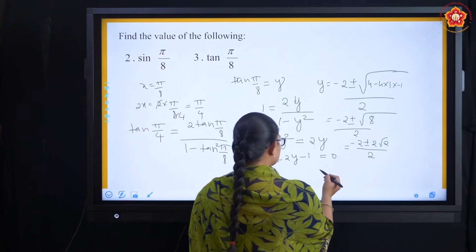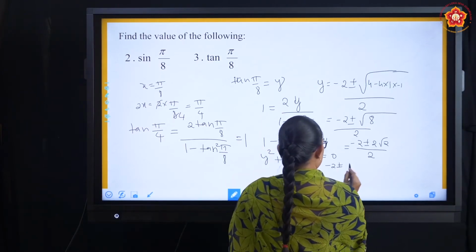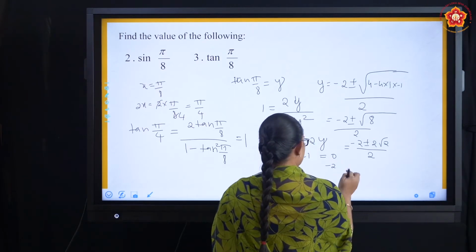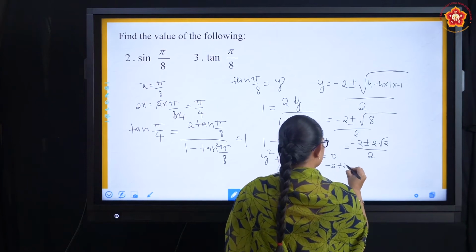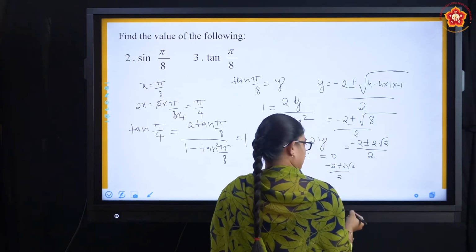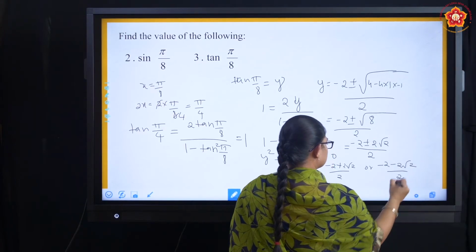Now let us find out the value, that is minus 2 plus or minus. So here either it will be plus or minus. So if it is plus, minus 2 plus 2 root 2 by 2, or minus 2 minus 2 root 2 by 2.